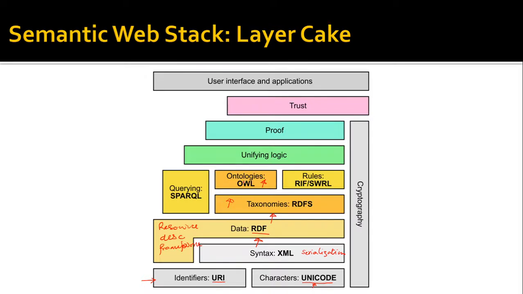And not only OWL and RDFS, on top of that, we need to have something called rules. The rules are an important component of any reasoning system. So we have a set of rules and a set of facts that are known in the current world. For example, I can have a rule like: if cloudy, then it may rain.